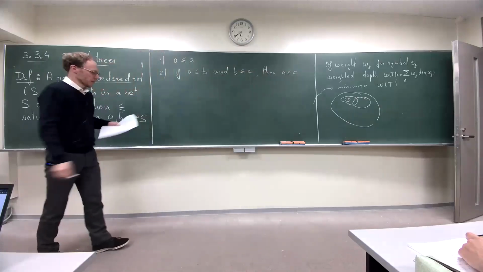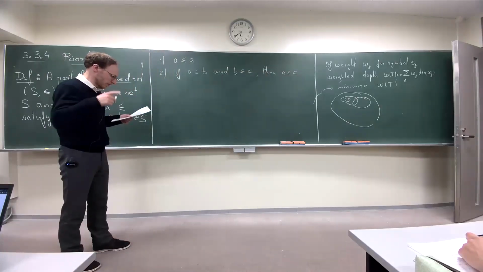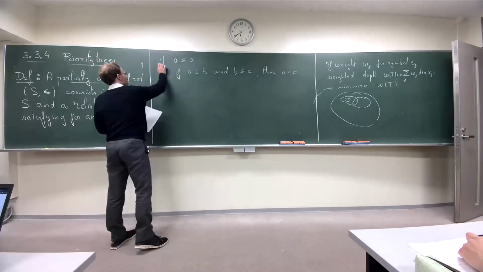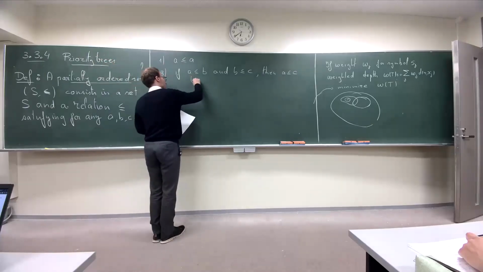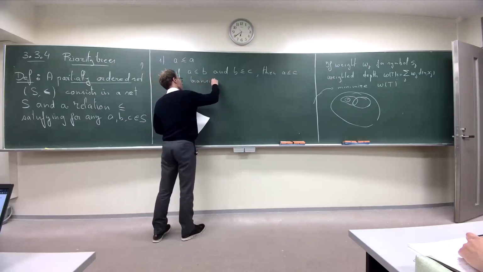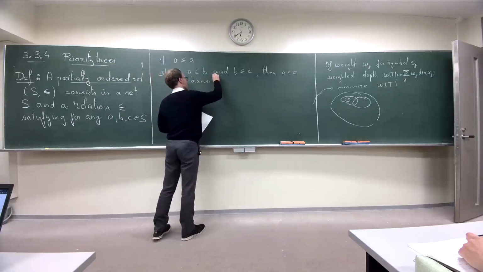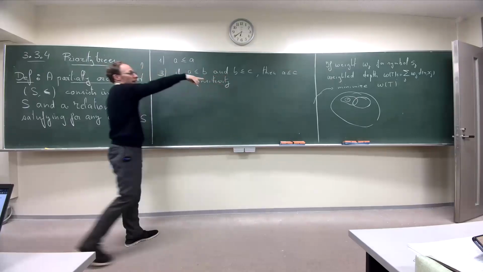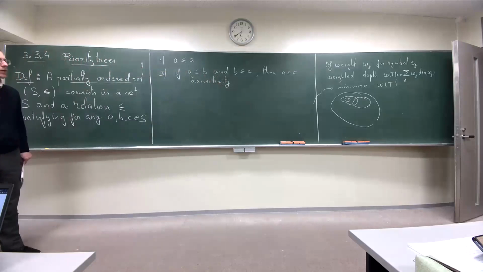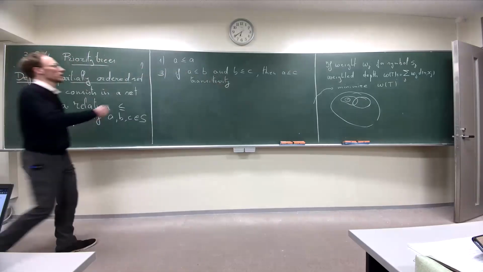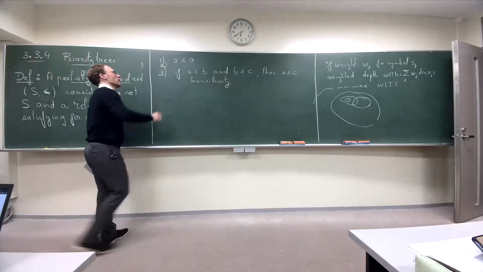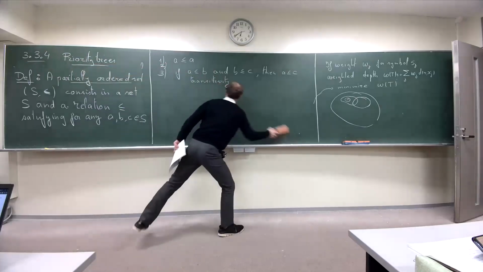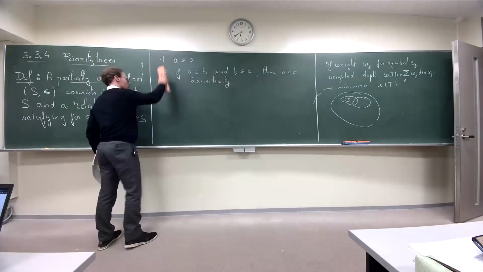Sorry, this is already the number 3. I missed the 2. This is called the transitivity. And the example I have in mind is the one on the right. If A is included in B and B is included in C, then A is included in C. What about the 2?